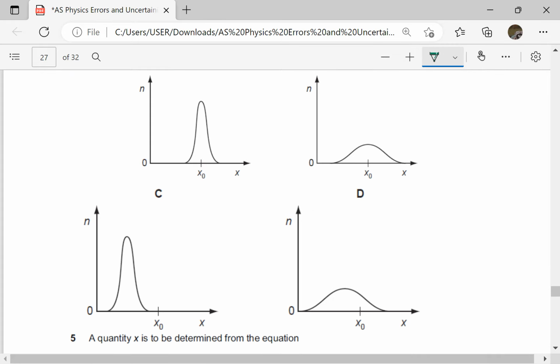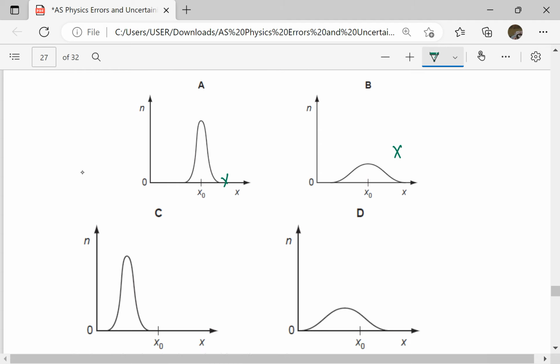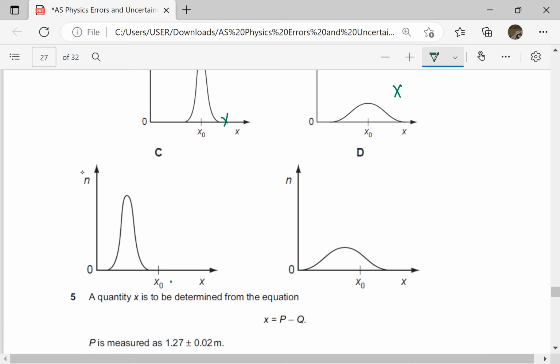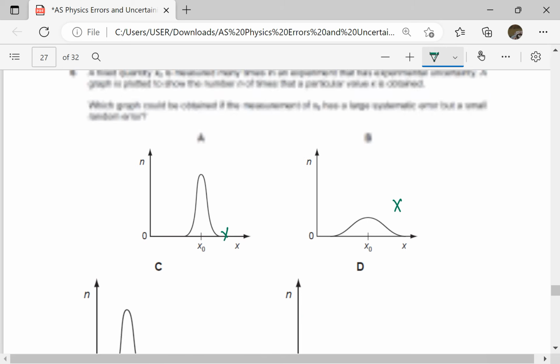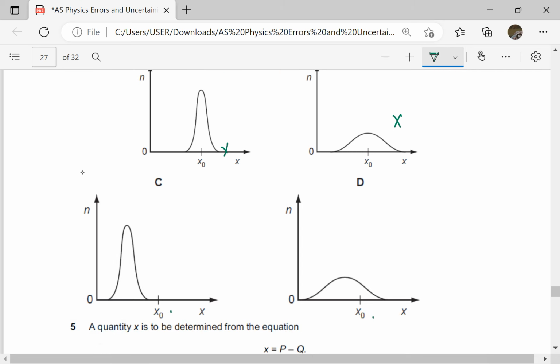So we look. Here there is no systematic error because the average is the true value. Here there is a systematic error. But they said large systematic error but a small random error. So the answer is C because here the peak is narrower than this one in D. So this is a narrow peak meaning a smaller random error, but the average is not x naught, meaning there is a large systematic error.